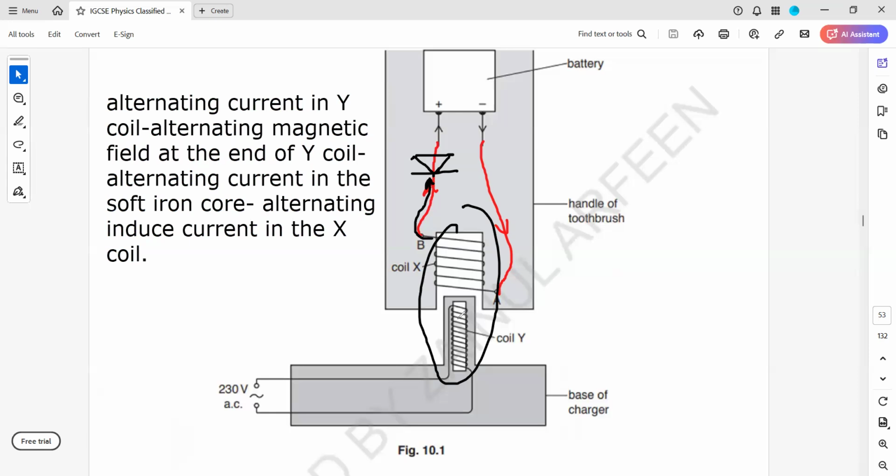So alternating current in coil Y produces a changing magnetic field, and the change in magnetic field induces EMF in coil X. Clear? So alternating current in coil Y, alternating magnetic field at the end of coil Y, not current, it should be alternating magnetic field in the soft iron core, which induces EMF in X.